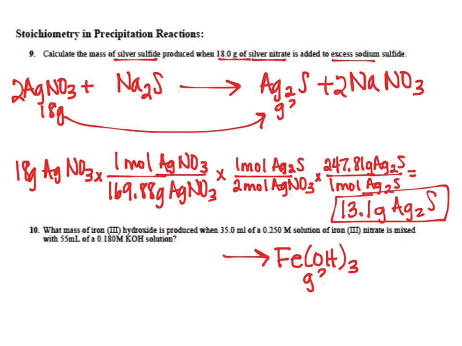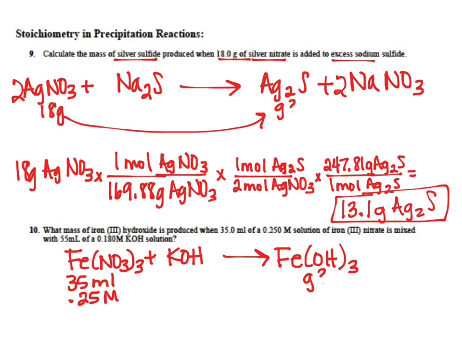When an iron 3 nitrate, Fe(NO3)3, is mixed with KOH, we know we have 35 mL of iron 3, and it's a 0.25 molar solution.